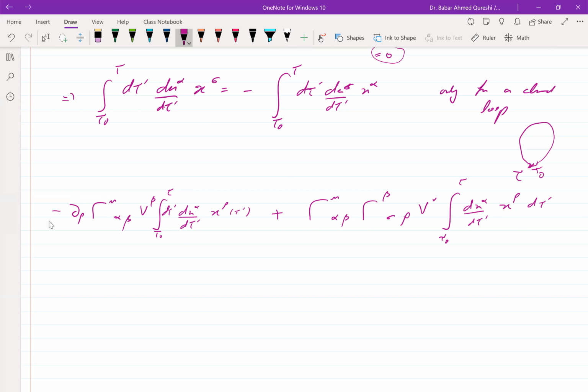So then you can take this common. I did something wrong. This was nu, and this sigma was replaced with rho.